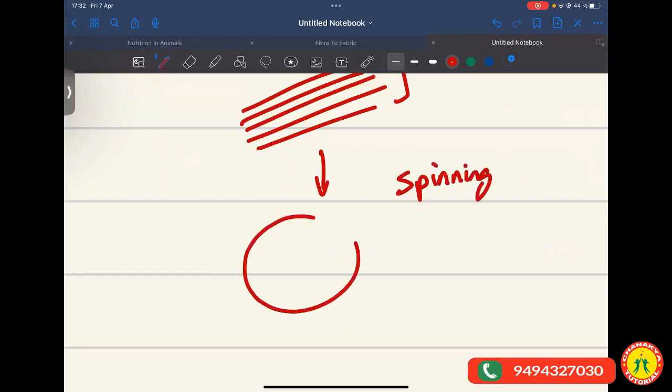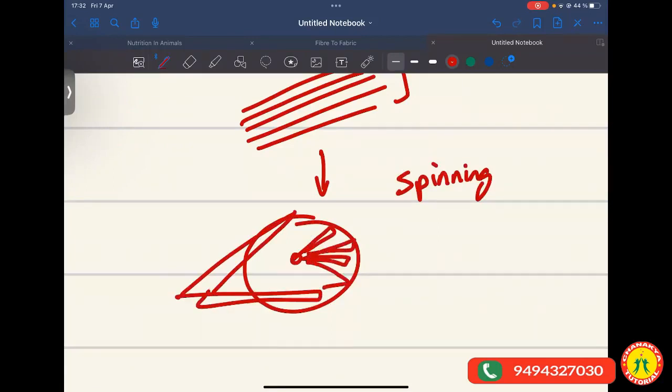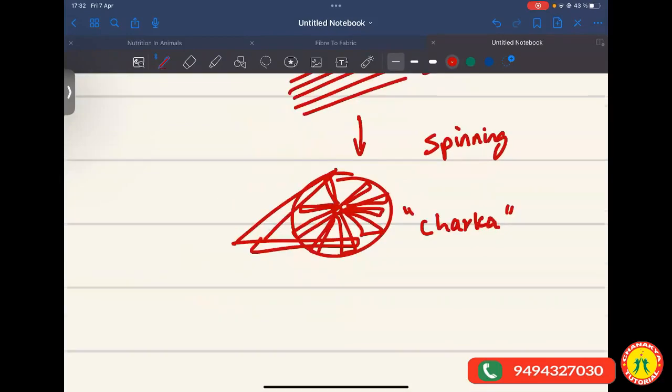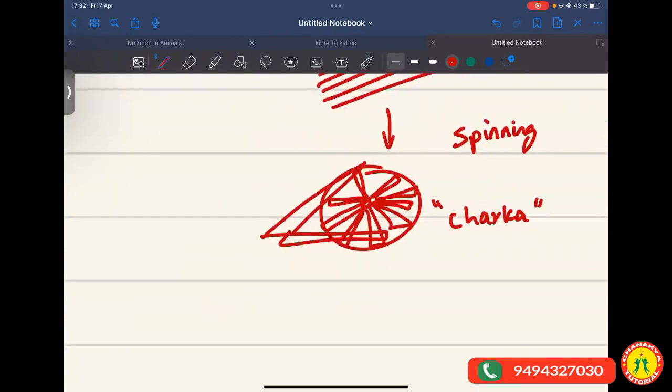So in olden days, you know, Mahatma Gandhi and all, you know what he used, right? He used some instrument which looks like a wheel. It's called the charka. I hope you're aware of this name, charka. So this was used for spinning of the cotton thread.